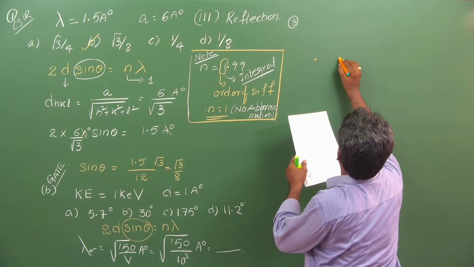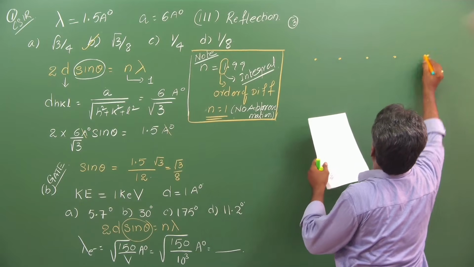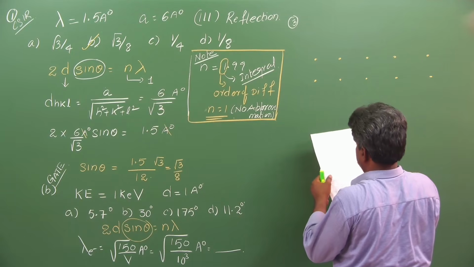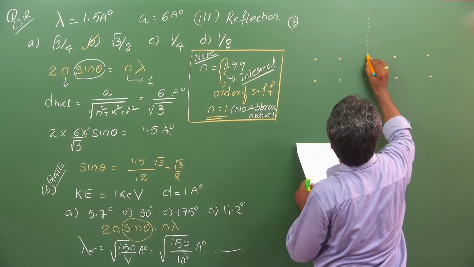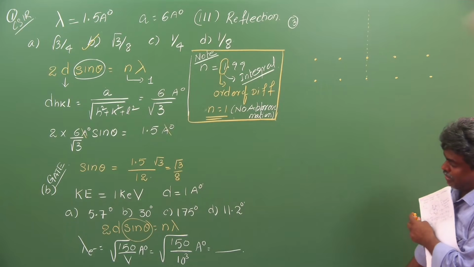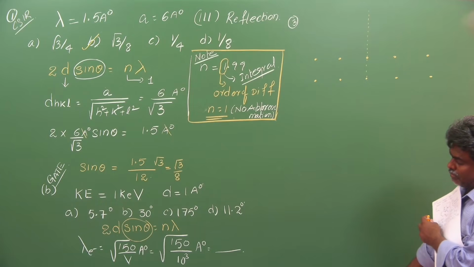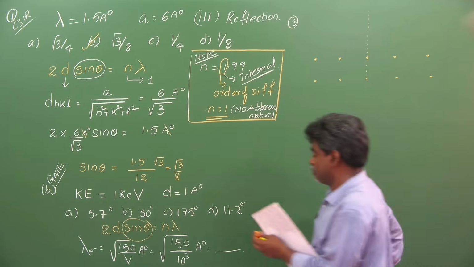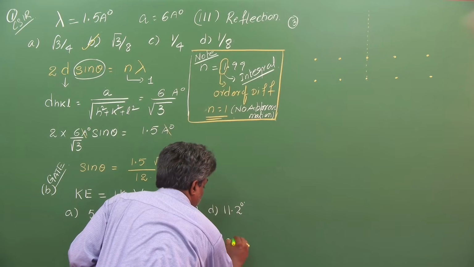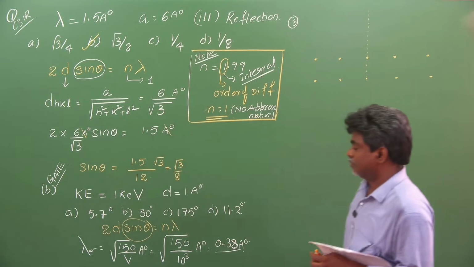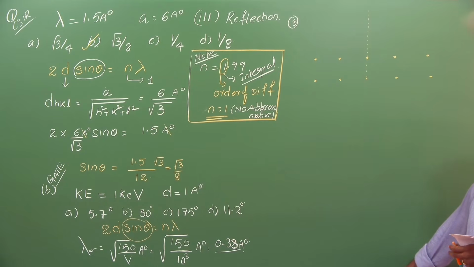Be serious. Don't underestimate, oh, easy things. See, this is a question from TIFR. 150 by 10 cube, the zeros cancel, root 15, which is 0.38 angstroms. So 2 into 1 angstrom into sin theta equal to 0.38 angstroms.